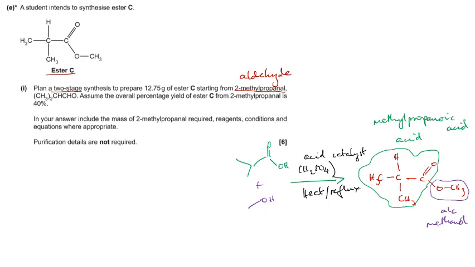Methanol would be a reagent, as well as our methyl propanoic acid. So we've got reagent and conditions for the second step. Let's call this stage 2.